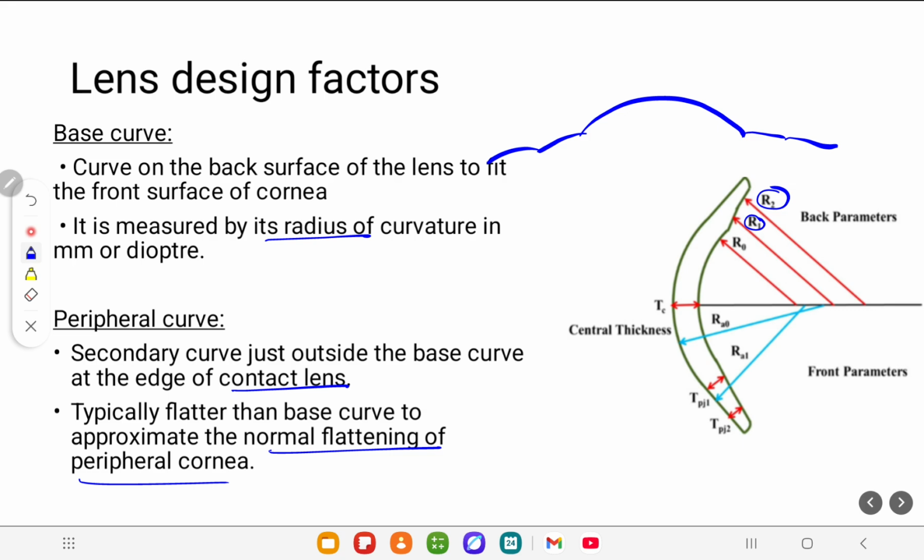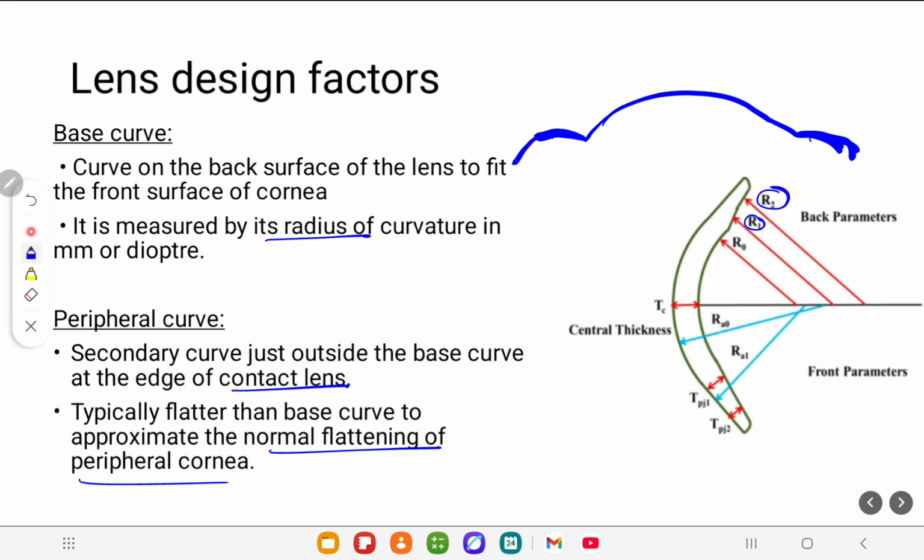But let me show you one thing. What if the first curve is this, and the second curve is steeper than the first curve? So the second curve is steeper than the base curve. What happened then? Is this a regular contact lens design?